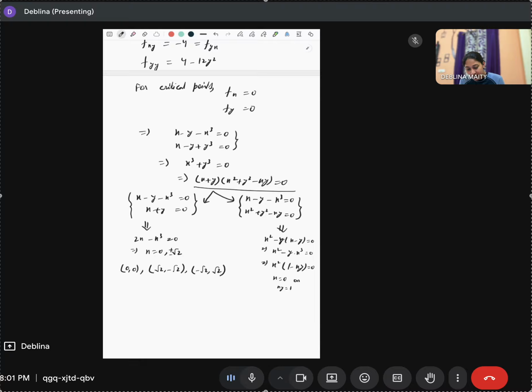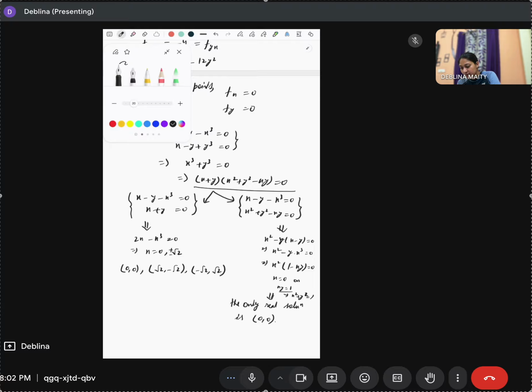So this means the only real solution will be, because this will give x square plus y square equals 1, right? But 1 0 is not a solution because it will not satisfy the first one. So the only real solution will be 0 0.